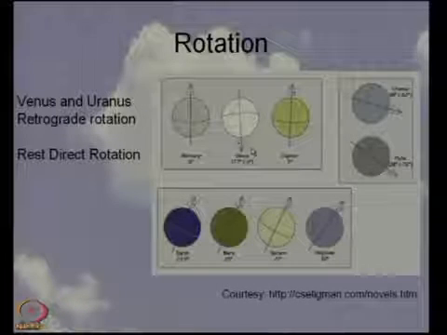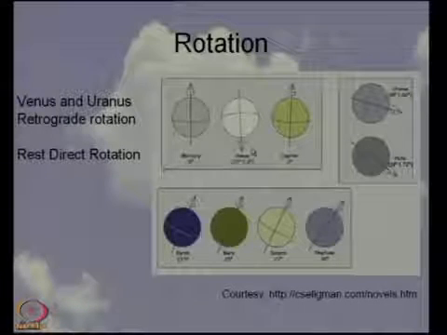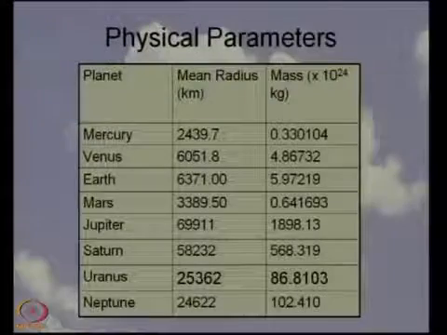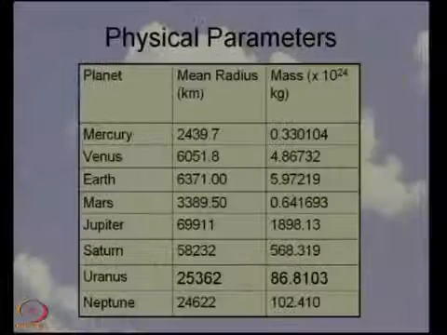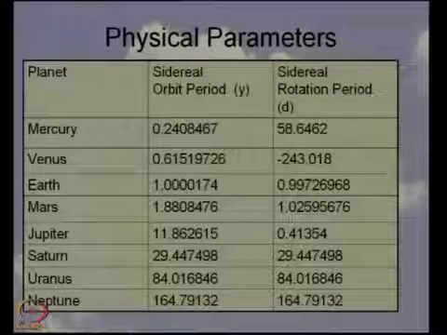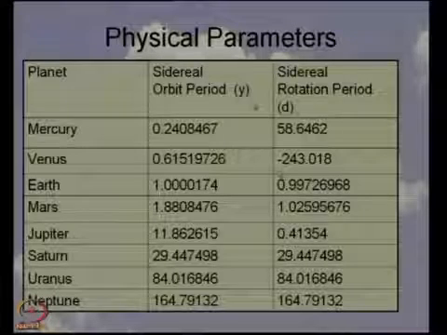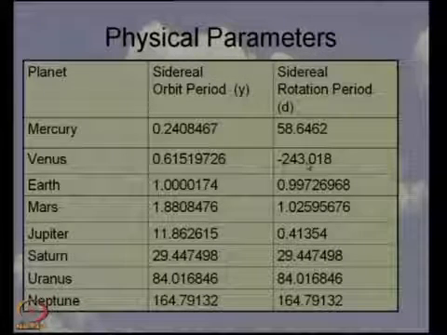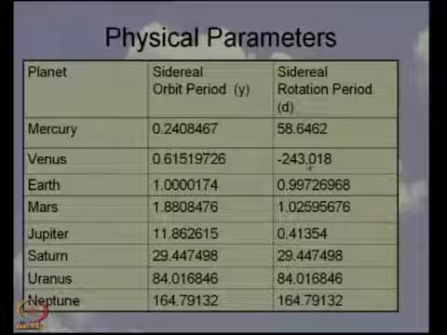But the rotation period is extremely large. So, it rotates very slowly, you can see that here. The rotation period of Venus is 243 days, whereas for Earth it is close to 1 day.